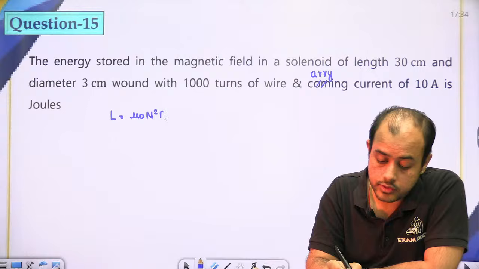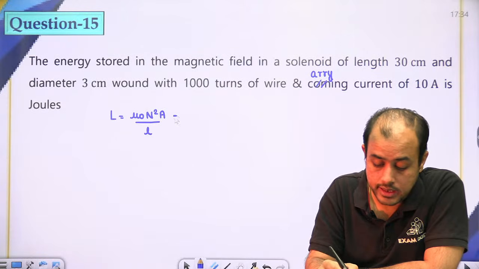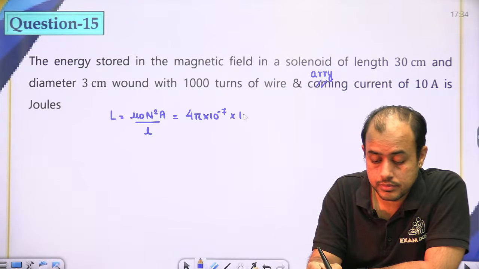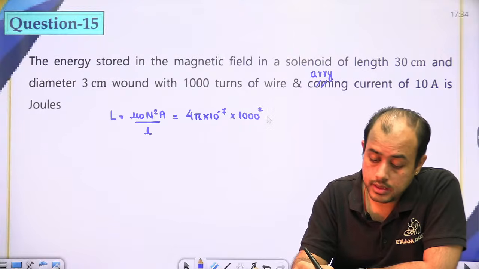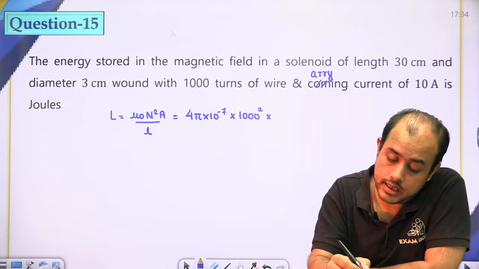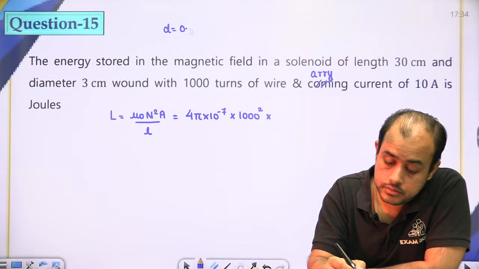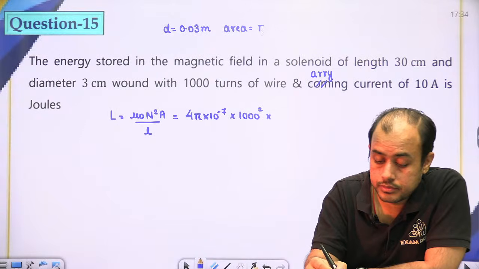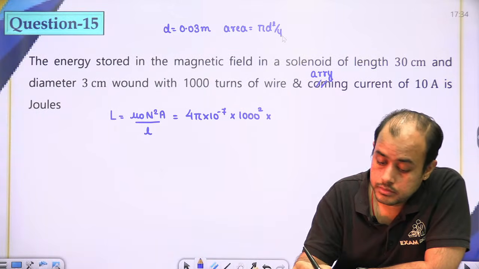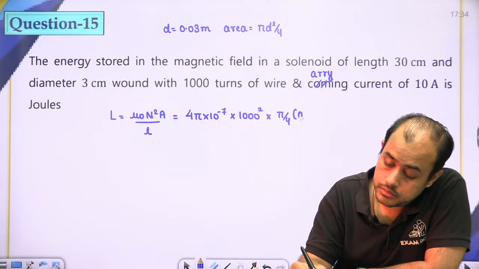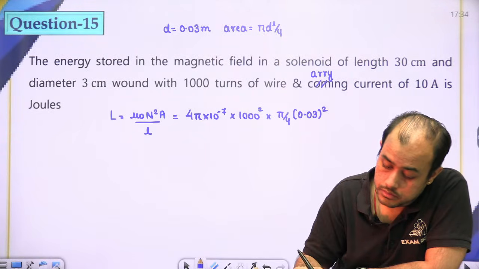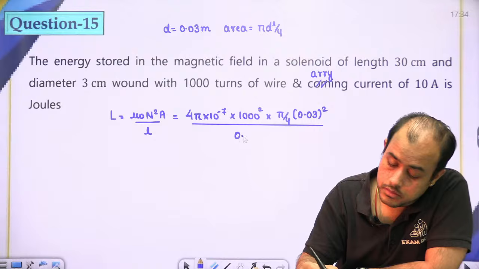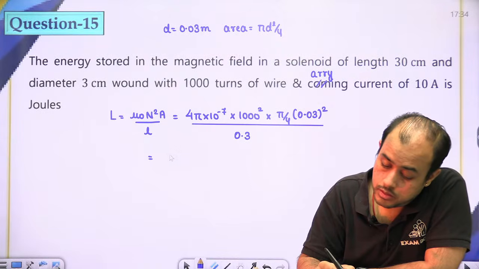Now beta, inductance will be mu naught n square A by L. Area, beta, pi square.